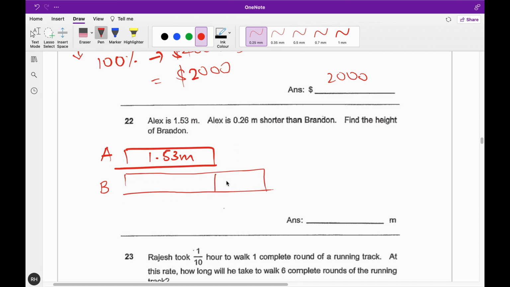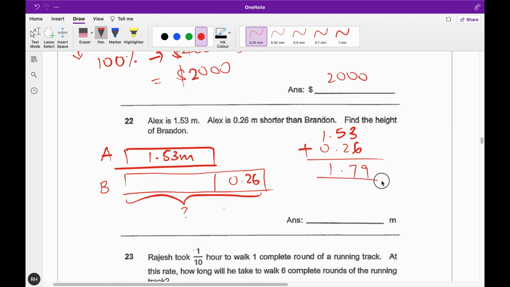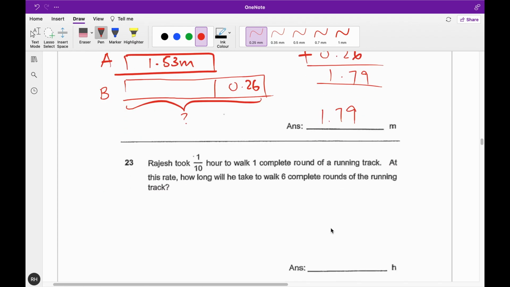The difference here would be 0.26. So to find the height of Brandon, we would have to add these two numbers together. So 1.53 plus 0.26, 3 plus 6, 9, 5 plus 2, 7, 1. So answer will be 1.79 meter.